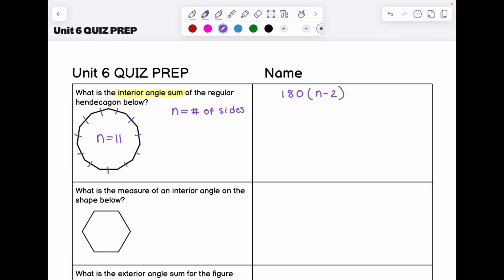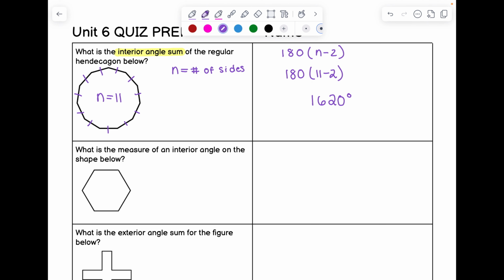A hendecagon has 11 sides. So I'm going to do 180(11 minus 2) and put that in the calculator. And I get that a hendecagon has 1,620 degrees inside.